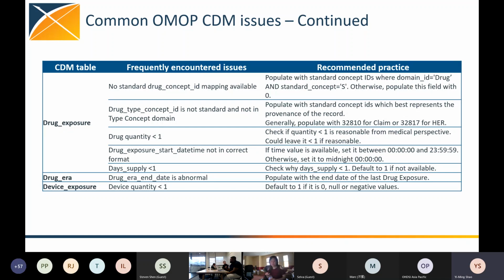Mm-hmm. So can everyone hear me? Yeah. So this is Yiming from Singapore. Based on your description, it's under an assumption that patients comply with the days that they are supposed to take. But unfortunately, some of the patients don't comply with the instruction given to them.